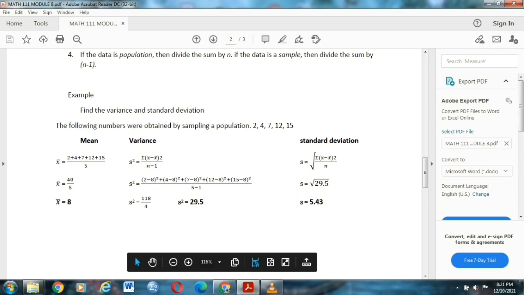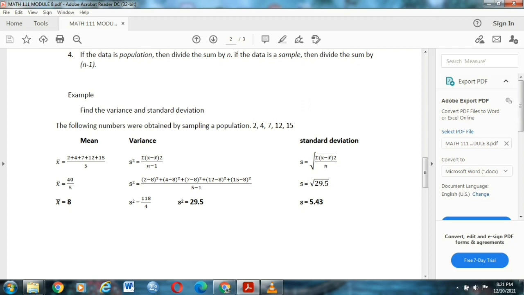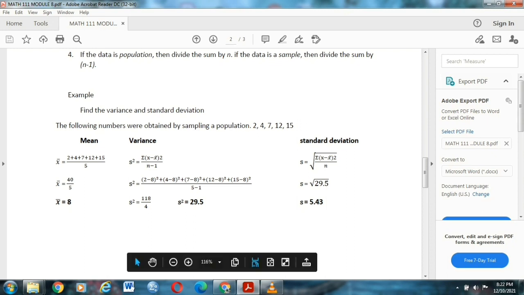Meron siyang radical form, so extract natin yung radical form. Since 29.5 standard deviation tayo, i-extract natin yung radical form. So 29.5 maging standard deviation is 5.43.